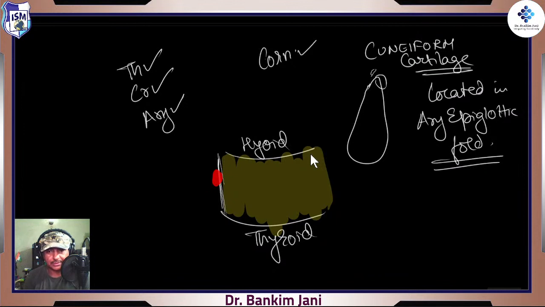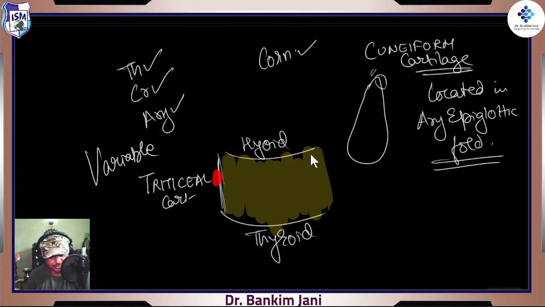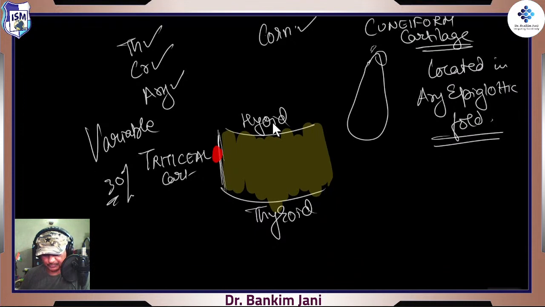Now this is variable. This is the triticeal cartilage. It is sometimes present, sometimes not. It is said that about 30% have it bilaterally or unilaterally. So it is highly variable.